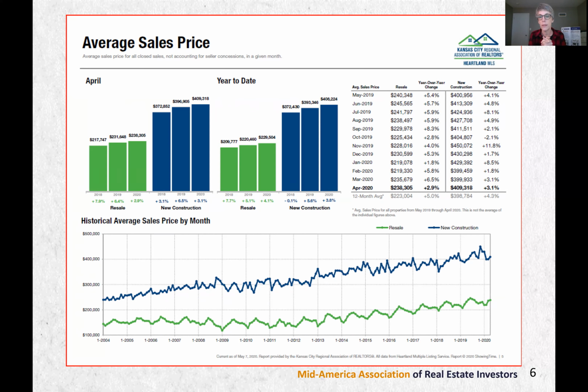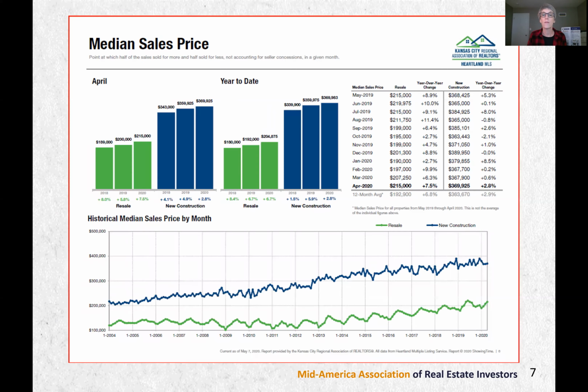I know average and median are not the same terms, but the numbers are very similar, at least here in Kansas City. But if you look at resale, average prices went down a little bit, but we've been trending upward. And even between December and now, the numbers have steadily gone up. And if we look at median, again, steadily went up.